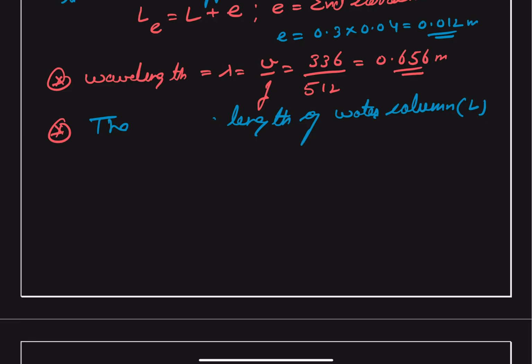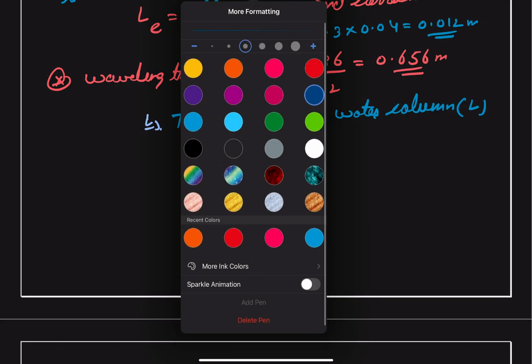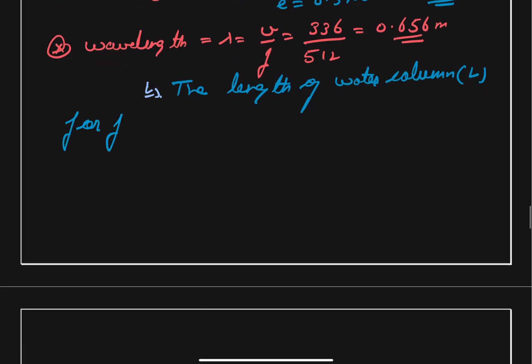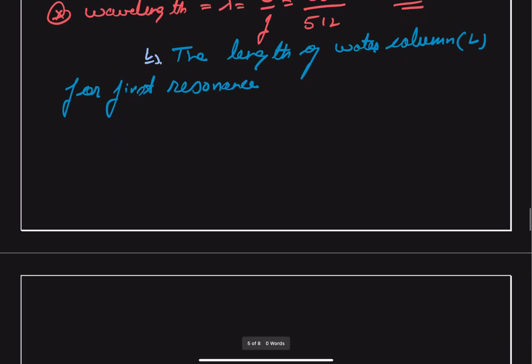The length of the water column for first resonance will be our L plus E is equal to lambda by 4, and we just calculate our lambda.